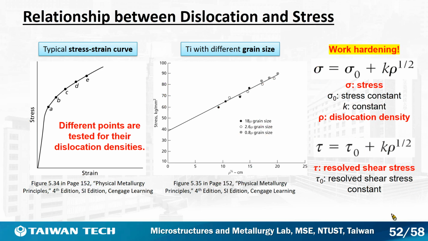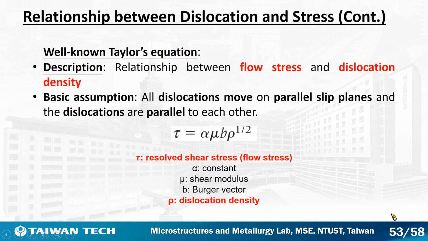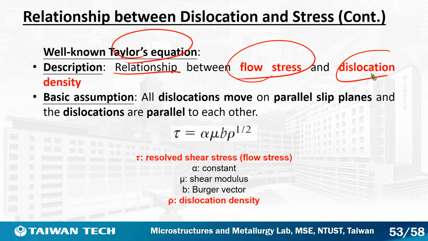Then let's talk about the well-known Taylor's equation. Taylor's equation describes the relationship between flow stress and dislocation density. So also it's about stress. The basic assumption is that all dislocations move on parallel slip planes, and the dislocations are parallel to each other.